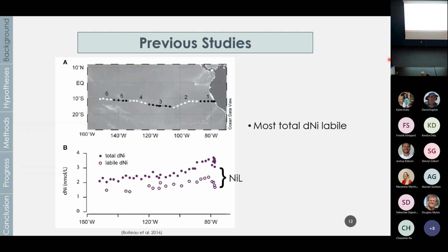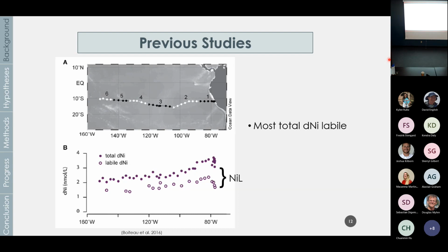Now, when we look at the second study, which is from Boiteau et al. 2016, we see a similar transect also off of the west coast of South America, but they extended this transect well into the Pacific Ocean, into the oligotrophic gyre region. And their data is in this bottom figure here with, again, dissolved nickel on the y-axis from 0 to 4 nanomolar and longitude from east to west on the x-axis.